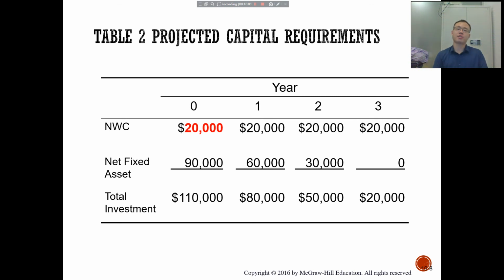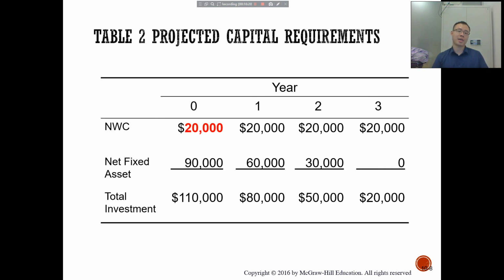The projected capital requirements, it's another table. We again assume that our net working capital is $20,000. What can be the net working capital? For example, your inventory.